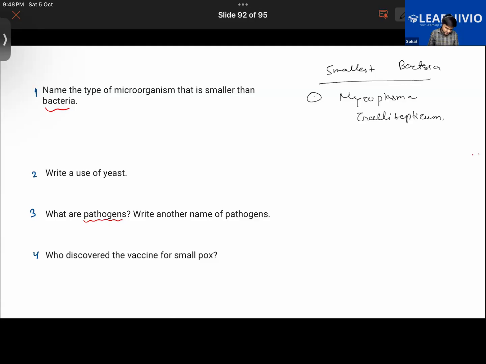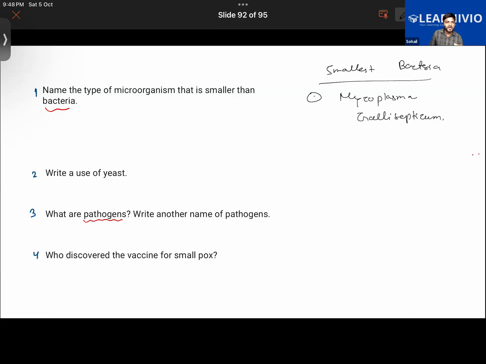Another name for pathogen? Pathogen refers to all the microorganisms that cause disease. It's not only bacteria. Fungi are also responsible for causing disease.